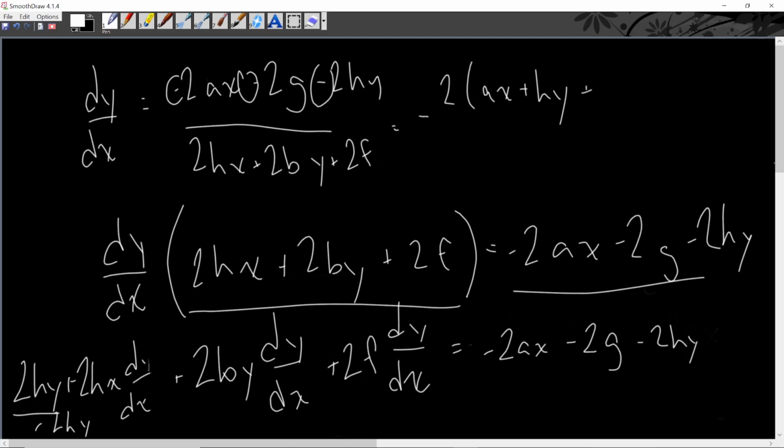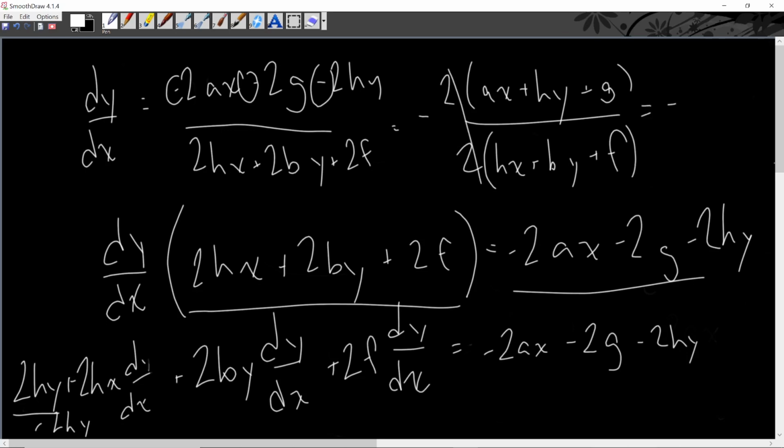You can arrange it in a kind of alphabetical order, even though it's not by degree, all over 2 times (hx plus by plus f). And now we can cancel out those 2's.